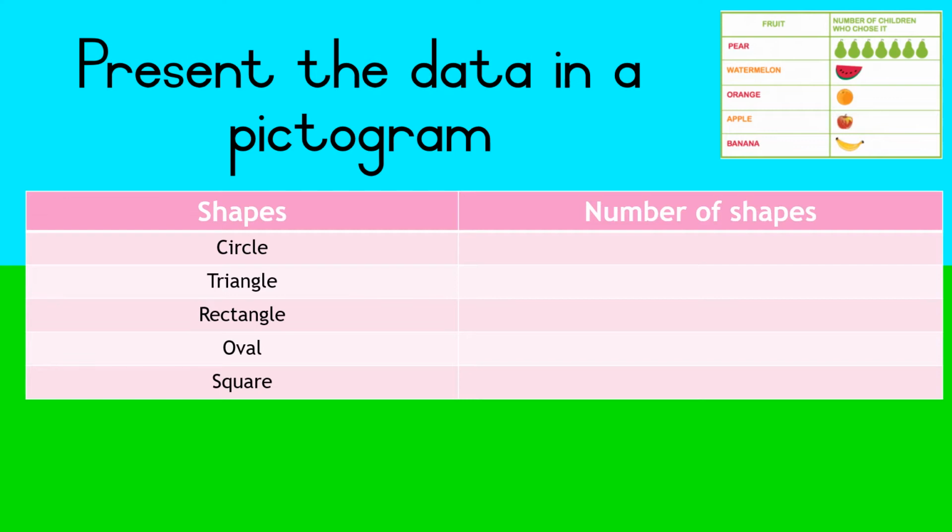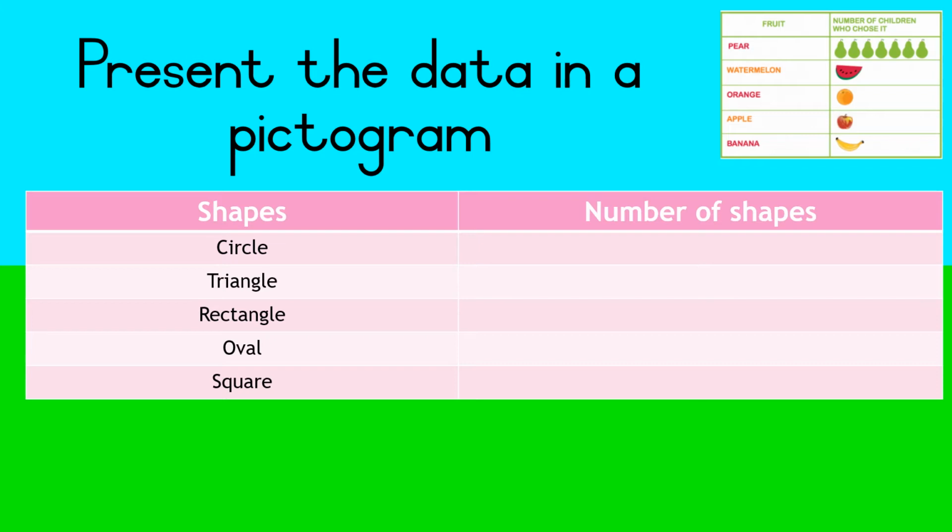First, they ask us circle. So, how many circles are there in the picture? If you can't remember, go back to the picture and count them all. There are 18 circles. So, for the circles, we can use circles to present our data.